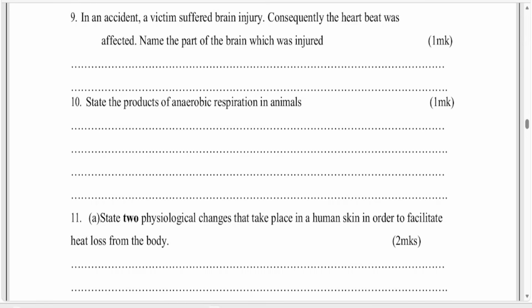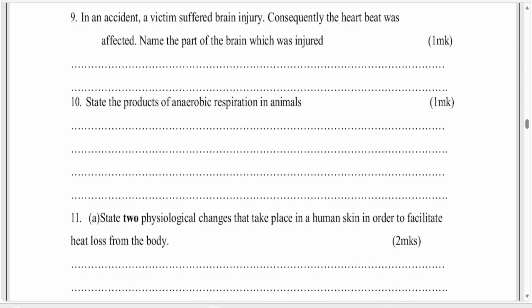In some of the parts of the brain, we have the cerebellum, we have the medulla oblongata, we have the pons, and other parts such as the pituitary gland, hypothalamus, and other parts. Those parts have different functions that they perform that lead to the control of activities that take place in the body.